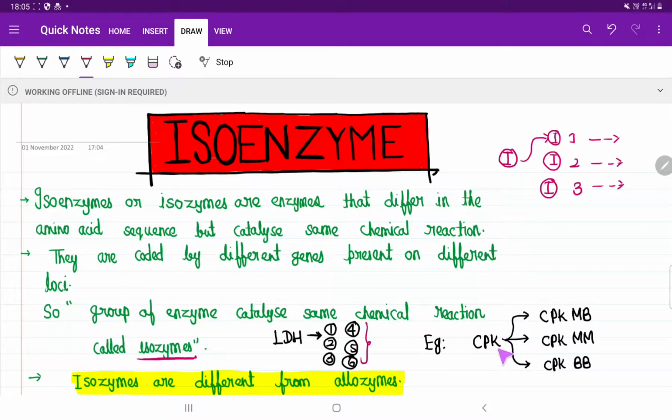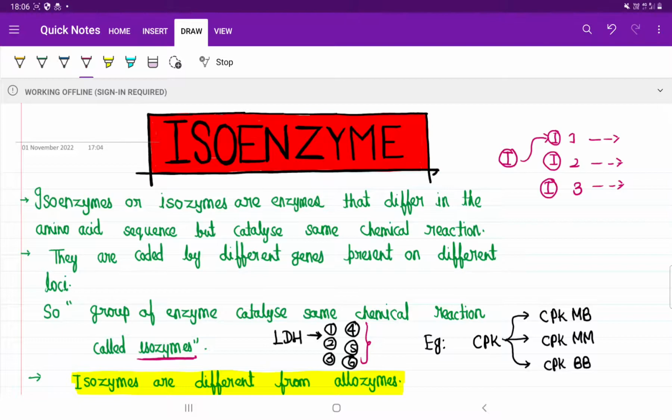Then we have creatine phosphokinase, an enzyme present in our muscles, used for the production of energy. This CPK, creatine phosphokinase, has three variants: CPK-MB, CPK-MM and CPK-BB. CPK-BB is present only in our neural tissues.